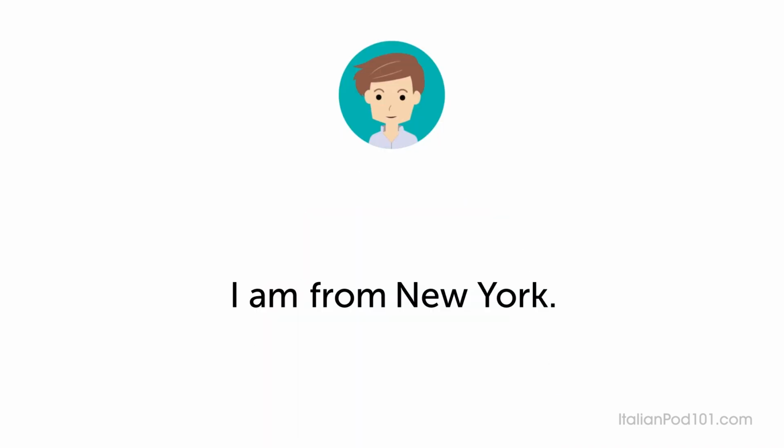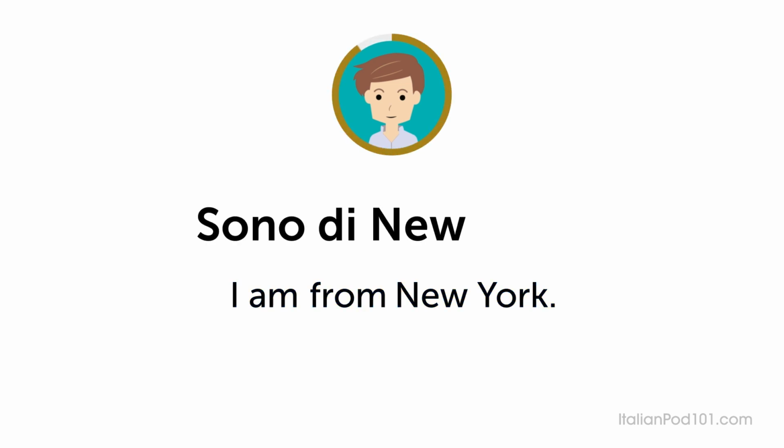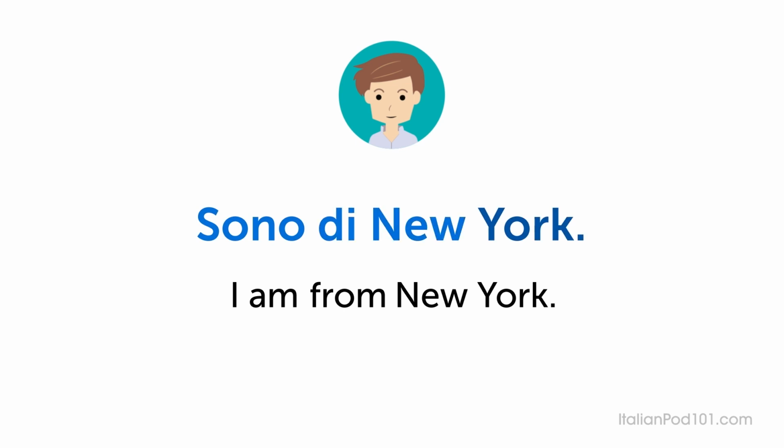Now, let's take a closer look at the response. Do you remember how Mark Lee says, I am from New York? Sono di New York. First is sono, I am.